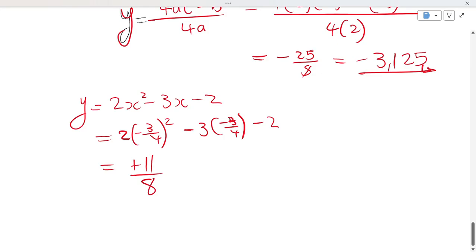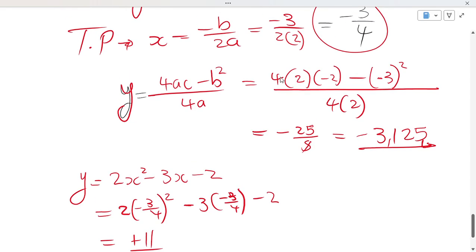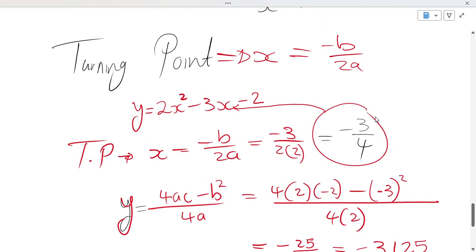So which one is the correct answer? The one we just used. The thing is, it's about getting back to the very same answer that we got. So if we used this negative 25 over 8, would we be able to get this negative 3 over 4?